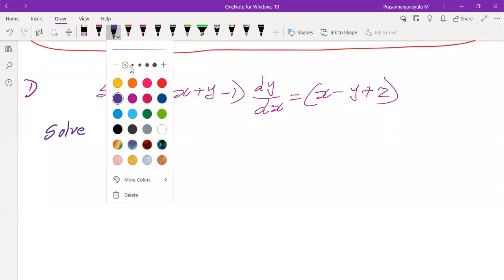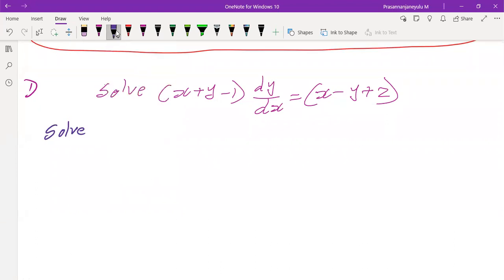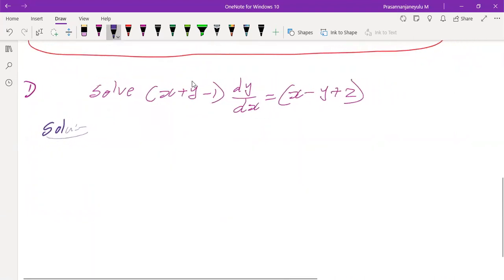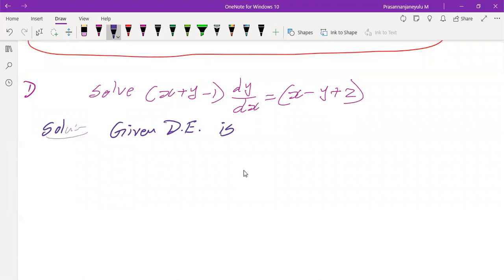Now, the solution is like this. I'm doing cross product. While doing the cross product, I'm mentioning here that the given DE can be written as follows.